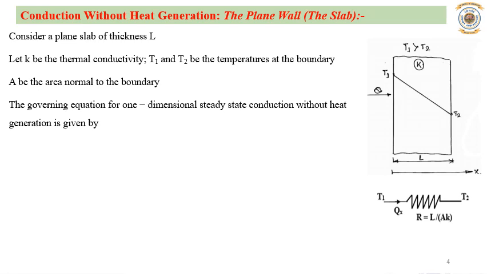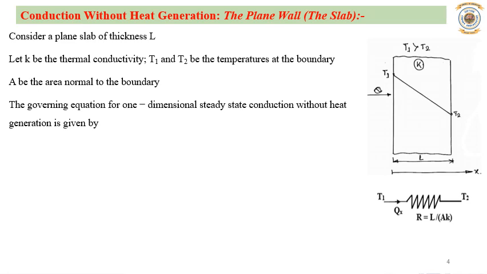So the governing equation for one-dimensional steady-state heat conduction: we already derived the three-dimensional heat conduction in video number 2. The equation for Cartesian coordinates is d square T by dx square plus d square T by dy square plus d square T by dz square plus qg by k is equal to 1 by alpha into dT by dt.